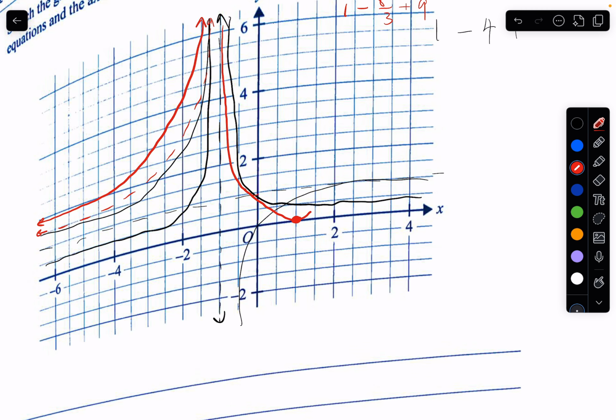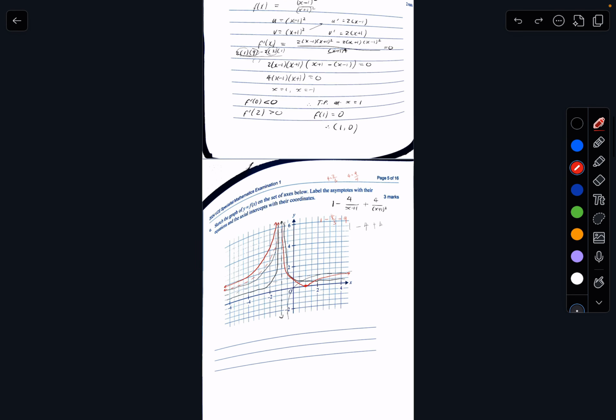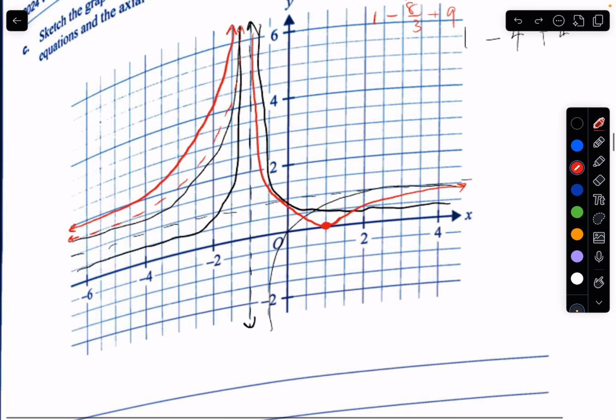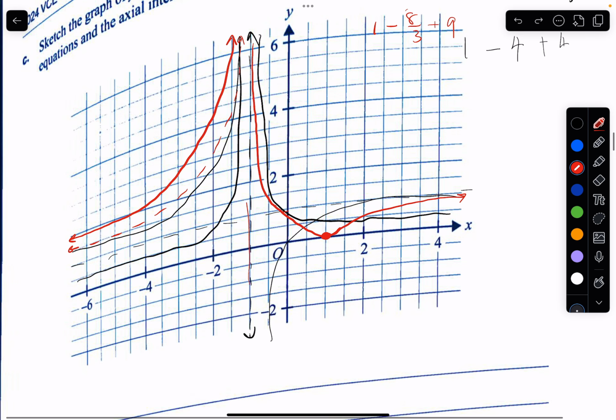And then, see, this is going to 0 and this is going to 1. So together they're going to go back to approaching 1. So I think that other point that we got might have been the inflection point, but that was at -1. What's happening at -1 on our graph? Nothing.